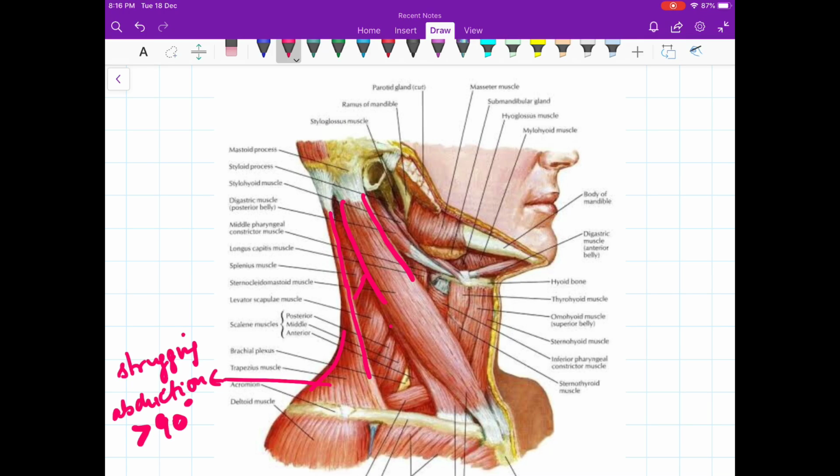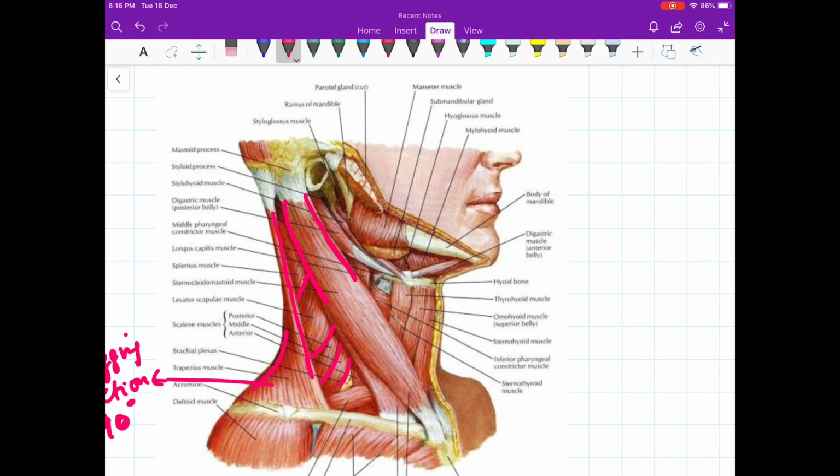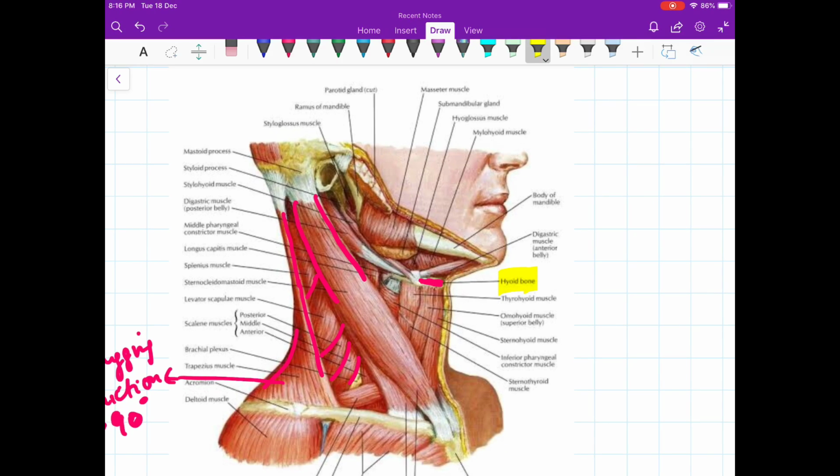We have discussed the muscles of the base of the head and of the posterior triangle. And now this is the hyoid bone, and the muscles below the hyoid bone are called infrahyoid muscles. These are superior thyrohyoid muscle.